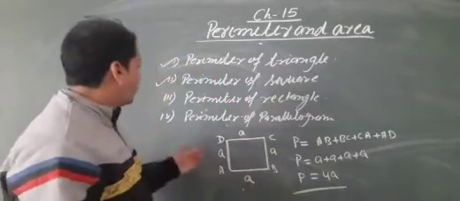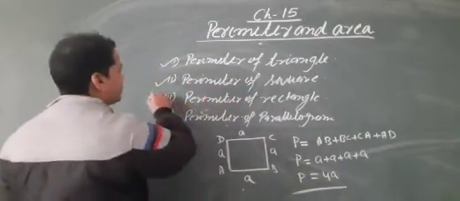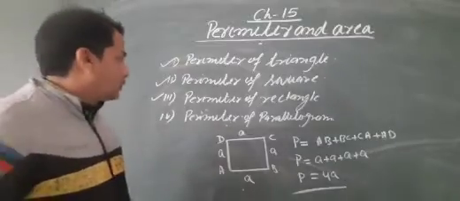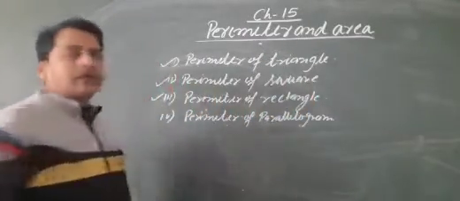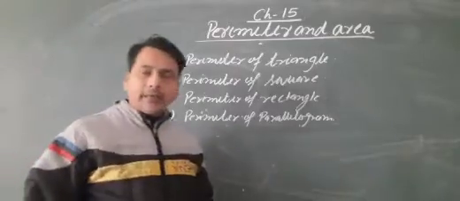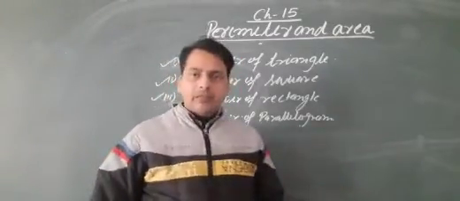Now the next term is the perimeter of a rectangle. A rectangle is a figure bounded by four line segments and opposite sides are equal.